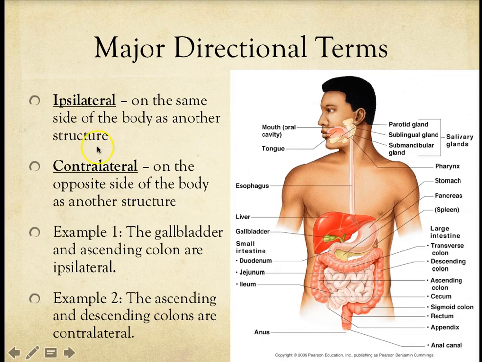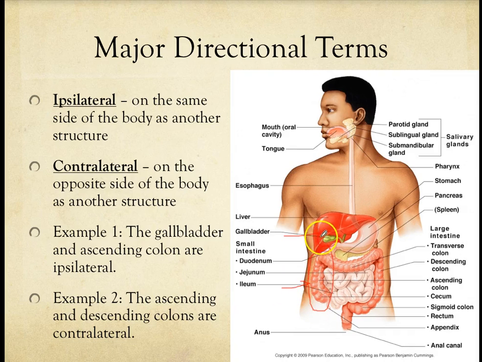You may sometimes see these terms. We won't use them very much in this class, but just so you are aware of them. Ipsilateral means that it's on the same side of the body as another structure. Contralateral means that it's on the opposite side. Okay, so if we take a look at this, what we see here is that the gallbladder, this green right here, is on the same side as the ascending colon, which is this part right here.